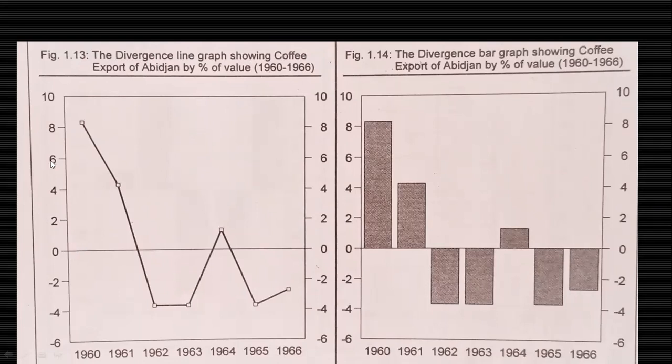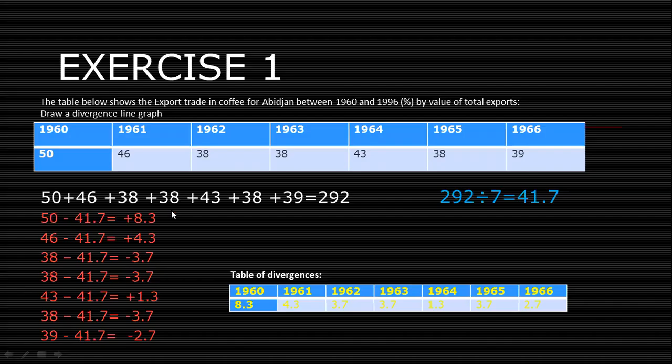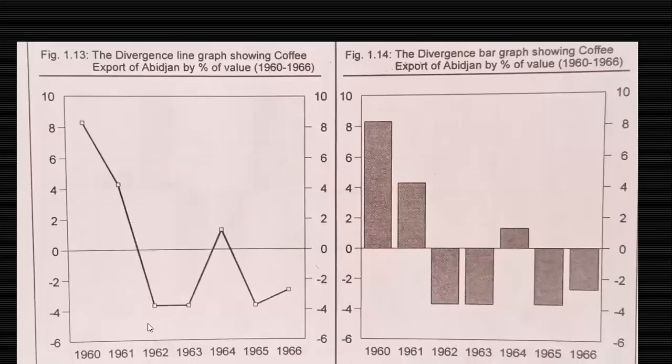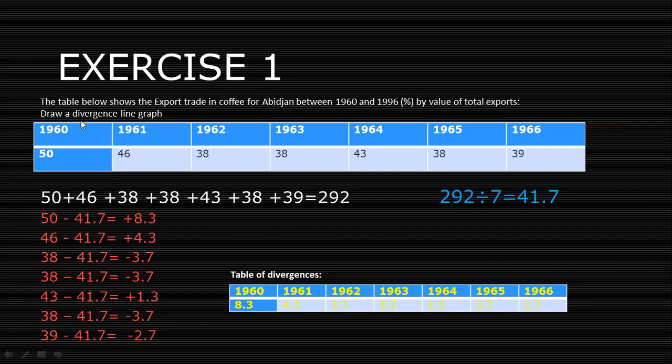I want to think you are understanding. If you have more units on the positive, then you plot this below or a little bit down. If you have more units down, then this one will move like here. Now, when we have done that, if they are divergent line graph, you will come, you have your 8.3. Where is 8.3? 8 is here, so maybe 8.3 is there. You will mark that. Go back.